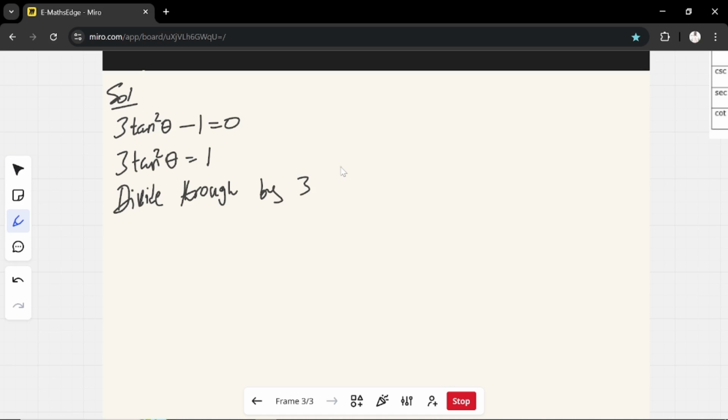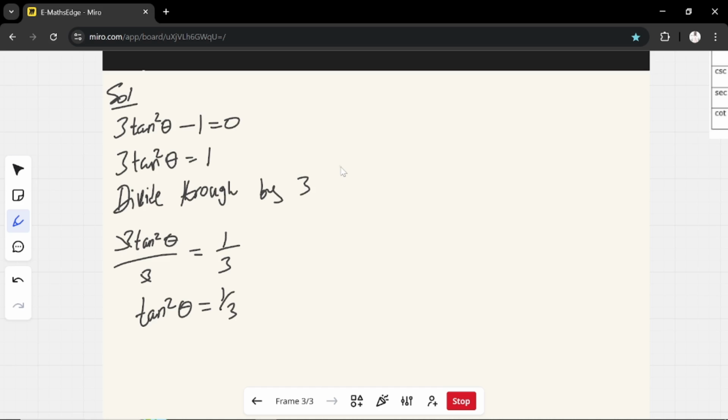The best thing to do is to divide through by the number 3, such that we have 3 tan squared theta divided by 3 equal to 1 divided by 3, so 3 will go with 3 and we will be left with tan squared theta equal to 1 over 3, right?